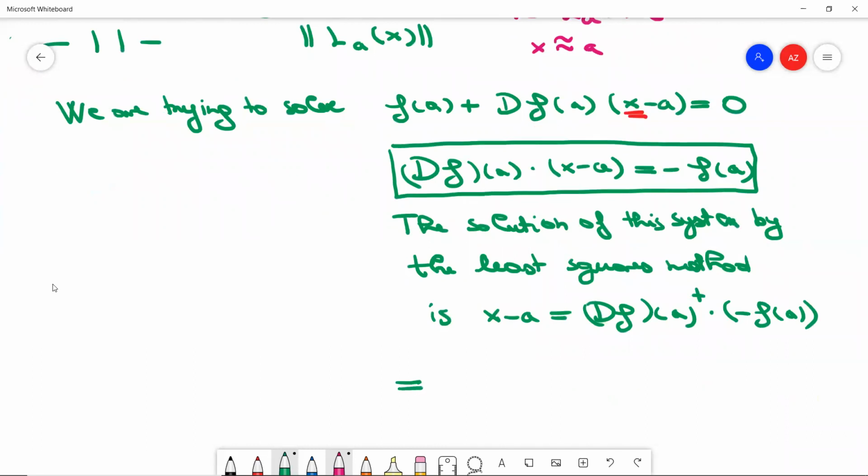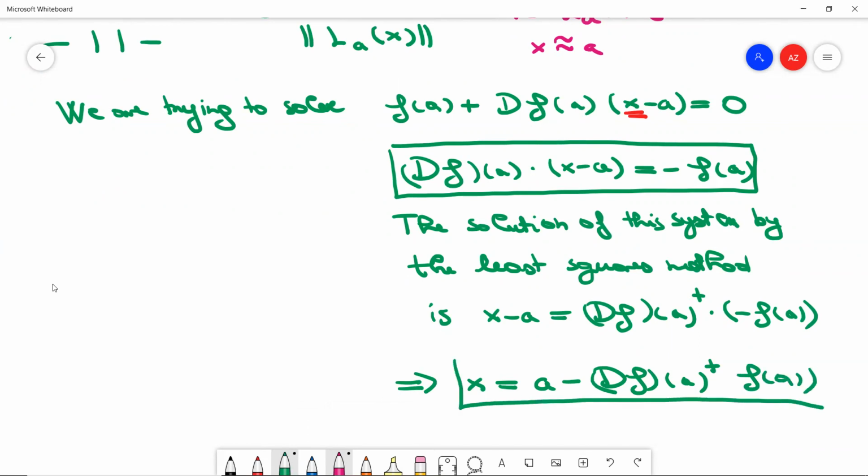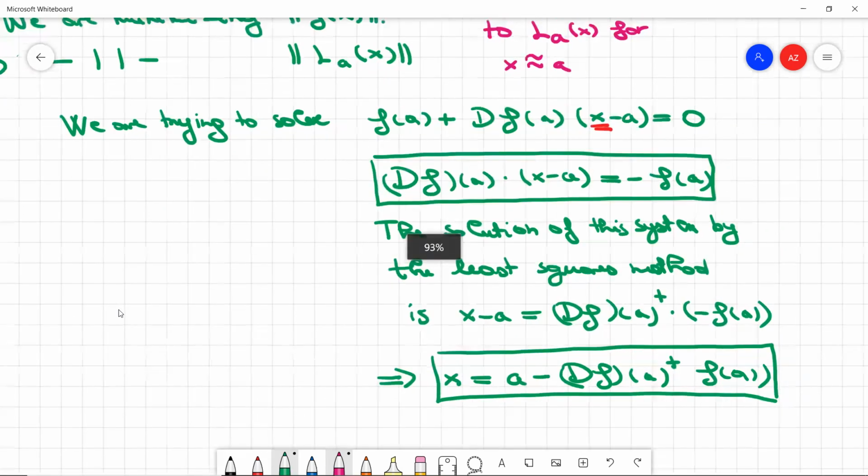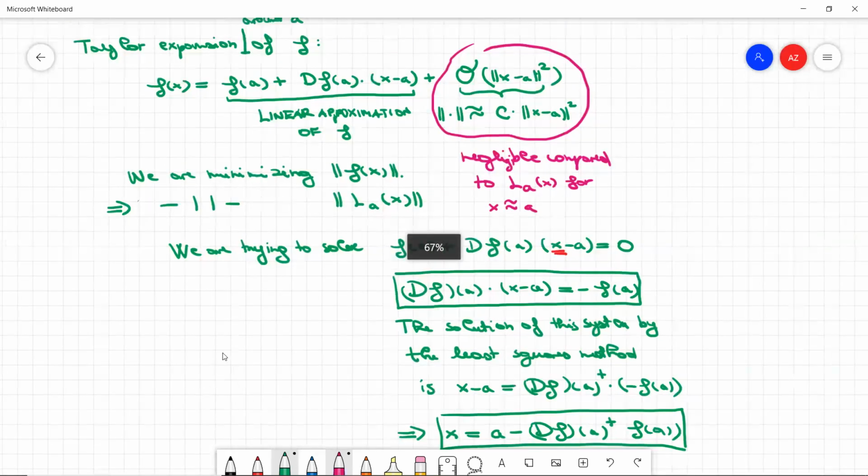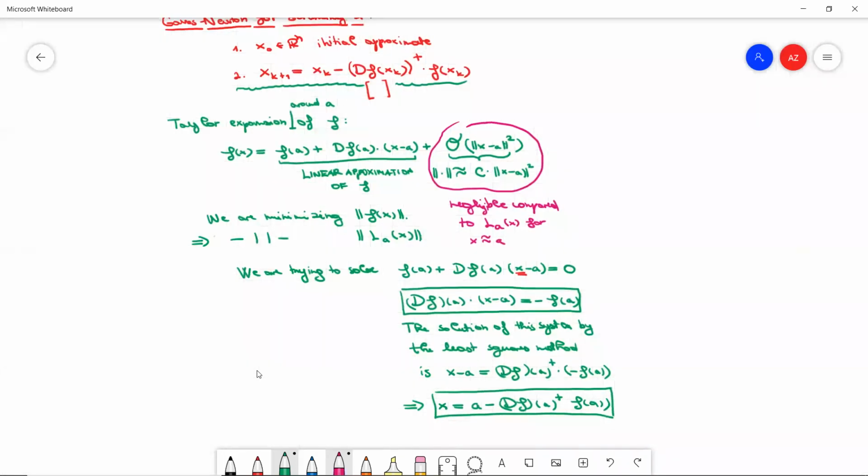So we express x from this. So x is a plus the Moore-Penrose inverse of the Jacobian times, and I will just change this plus into minus so that I don't need to write minus in the parentheses, f of a. And this is then our approximate. And if you look above, you see that this is exactly the second step in Gauss-Newton's method.